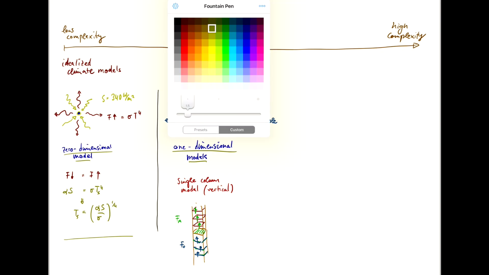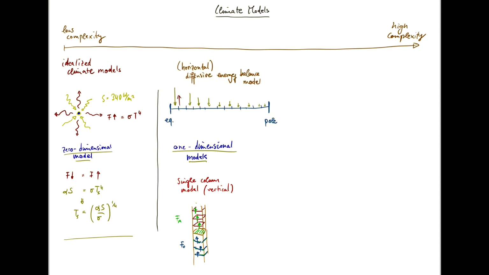This would be balanced by outgoing long-wave radiation, which also would be highest at the equator and lowest at the poles. And now you have a temperature gradient from equator to pole, so that would introduce some heat flux from the equator to the pole.